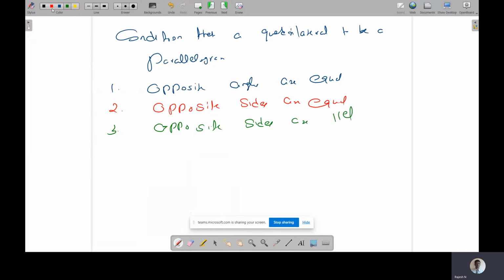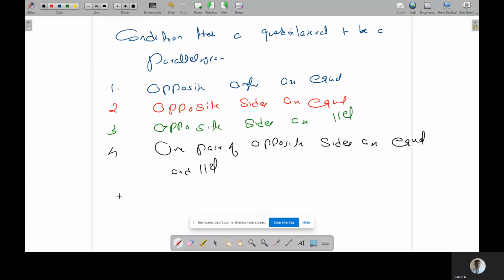And fourth one, one pair of opposite sides are equal and parallel. And the last one, diagonals bisect each other.